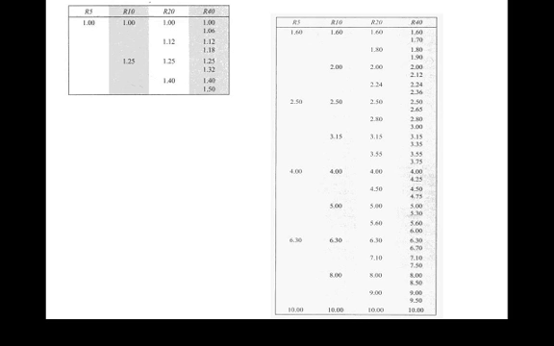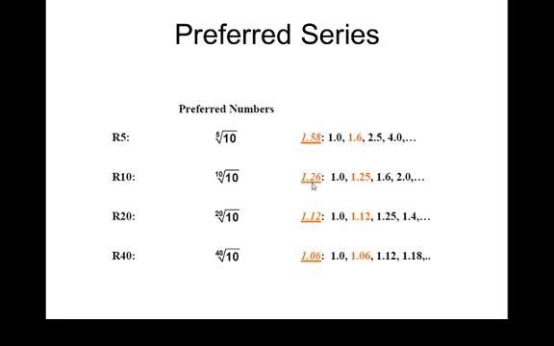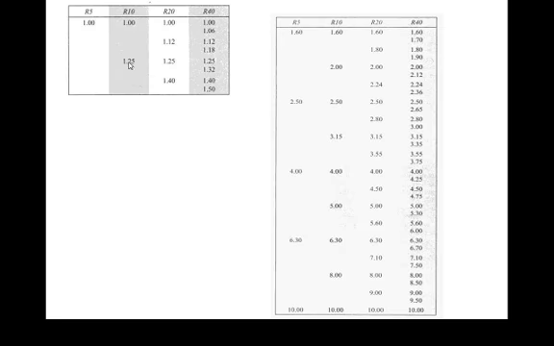Now see these charts. I have shown charts for R5, R10, R20 and R40. The first value is 1. For R5, 1 into 1.6. For R10, 1 into 1.26, approximately 1.25. Then R20 and R40. How are the further values calculated? 1.6 into 1.6 gives the next value, and 1.6 into the remaining value gives the next values.